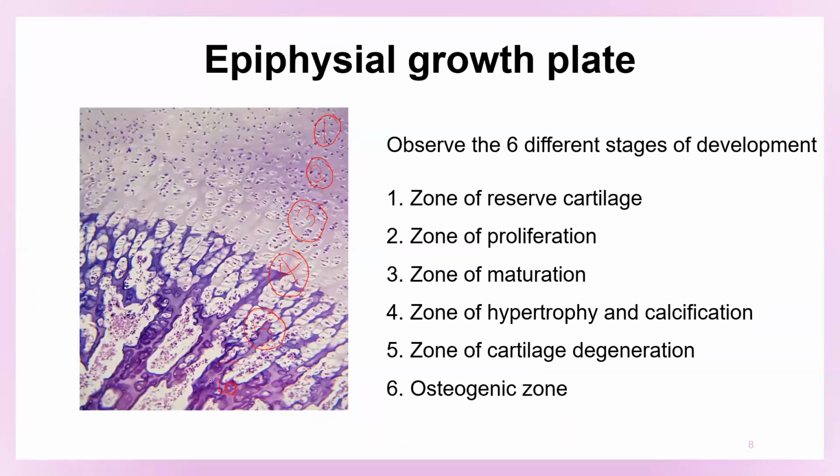The sixth one is the bone area here. Dying cartilage, increasing in size, maturation, proliferation, sorry, resting. Okay, proliferation is this.